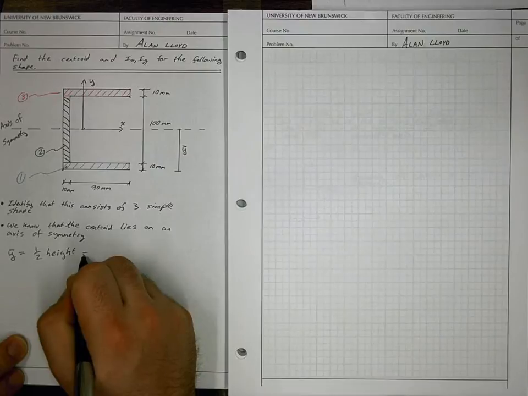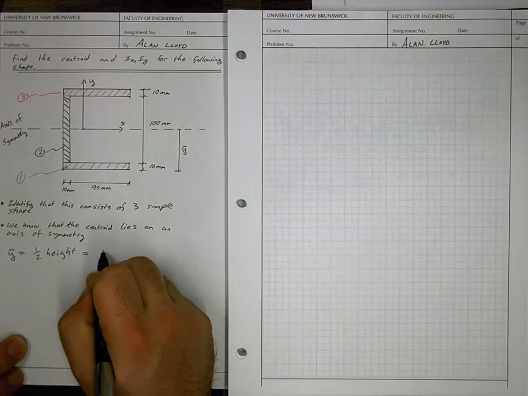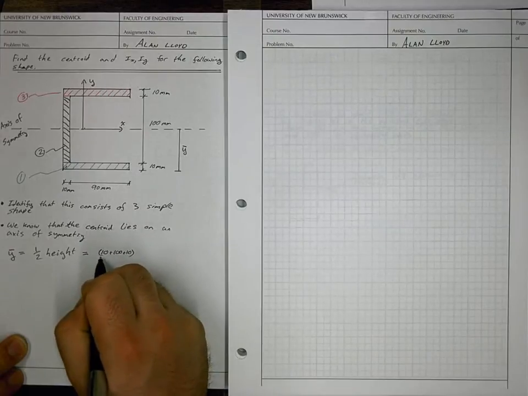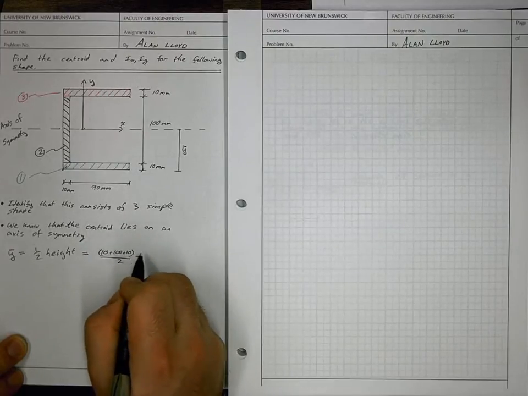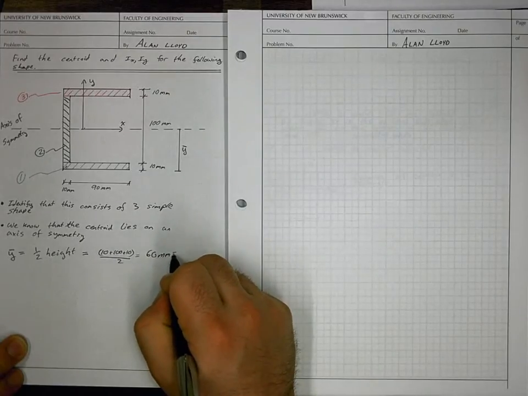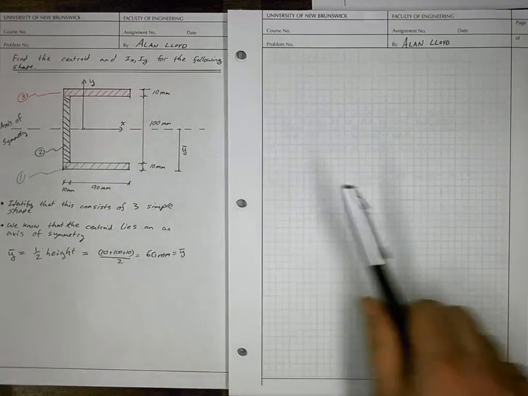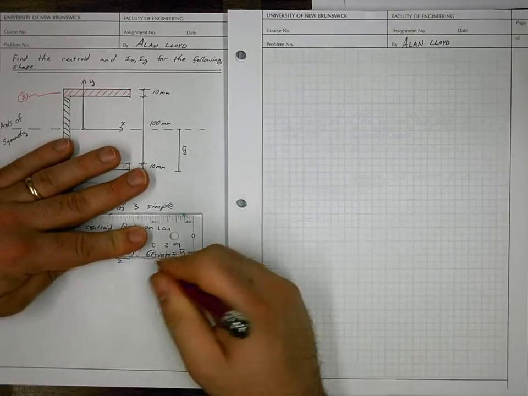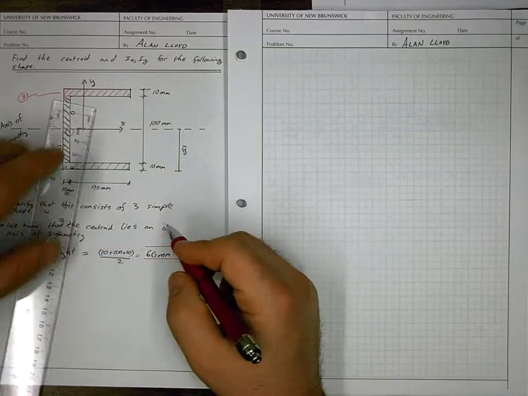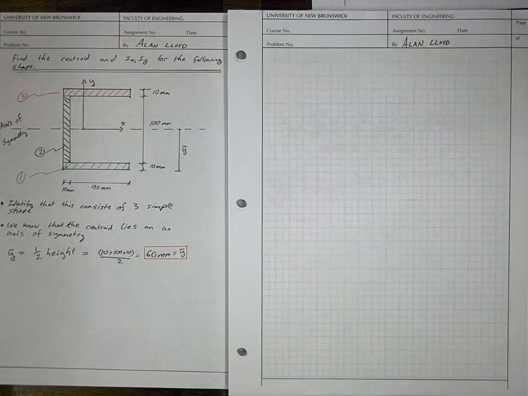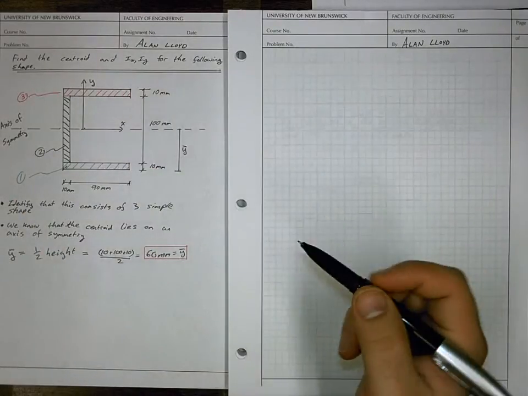And so we can say that that's equal to (10 + 100 + 10)/2, and this is equal to 60 millimeters. So at this point we know that property. We don't know the location of the y-axis. We don't know x bar relative to a point.